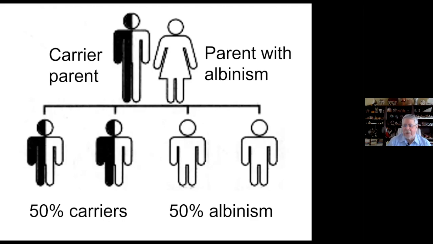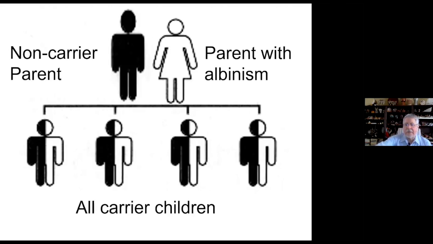Now, this also brings to mind that if a person with albinism has children with a non-carrier parent, none of their children will have albinism, but all of their children will be carriers.